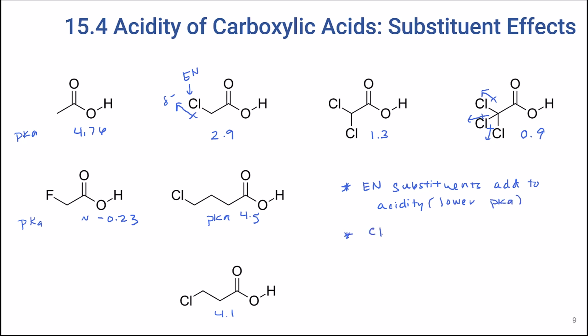If they're closer to the hydrogen or carboxylic acid, it has a greater effect. The electronegative atom matters, so fluorine versus chlorine. The closer the electronegative group is, the more acidic it will be. And if you have more electronegative groups, so 3 chlorines versus 1 chlorine, that's going to make it more acidic.